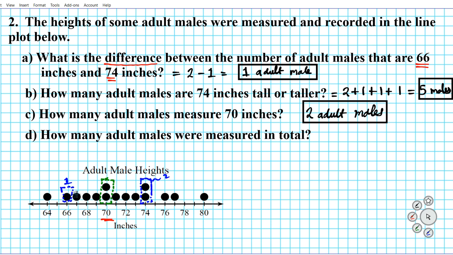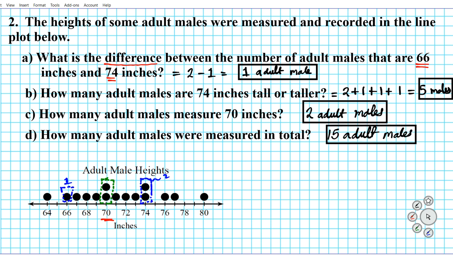So you have 1, 2, 3, 4, 5, 6, 7, 8, 9, 10, 11, 12, 13, 14, 15. So there are a total of 15 males that were measured in total. So 15 adult males were measured. All right, so that's basically how to read line plots. In the next lesson, 9.2, we're going to be going over how to actually graph it.